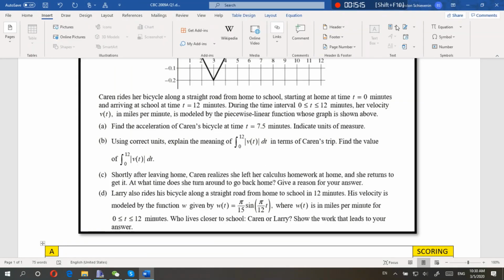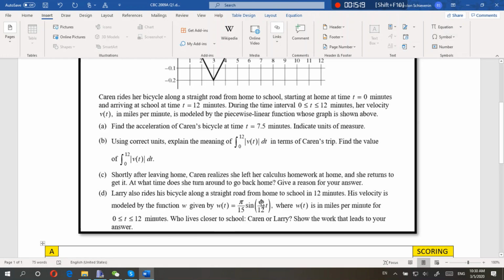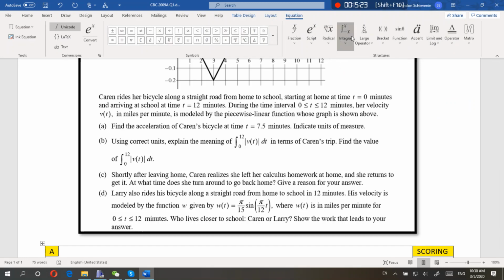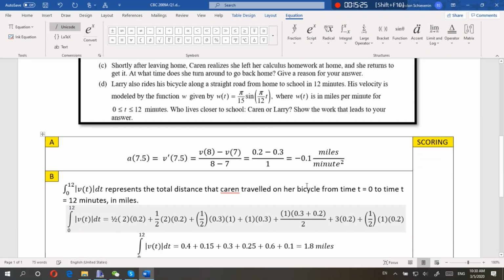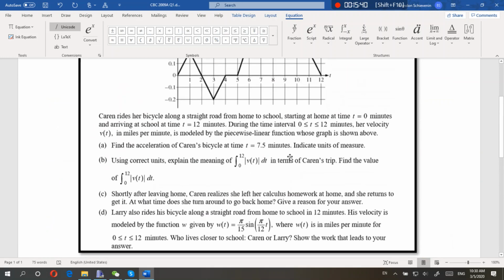So we're going to integrate pi over 15 sine pi over 12t. Pi over 12, right? Yeah.